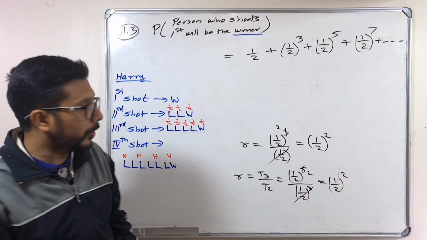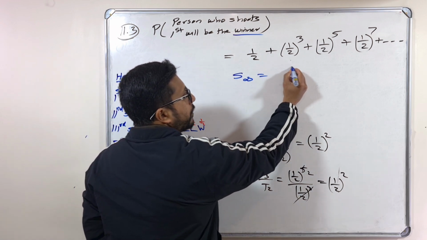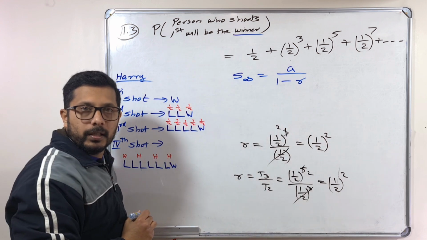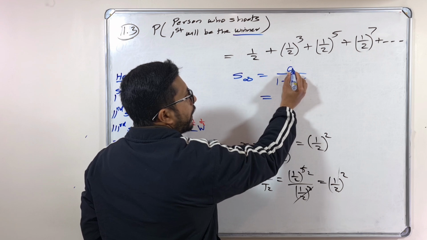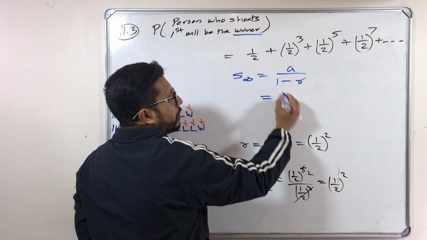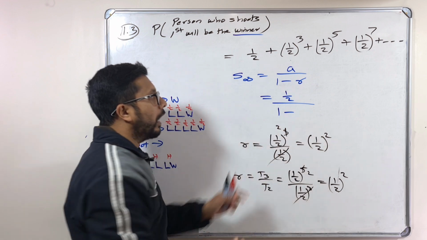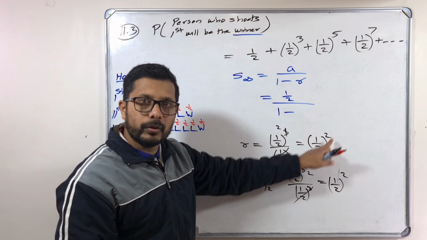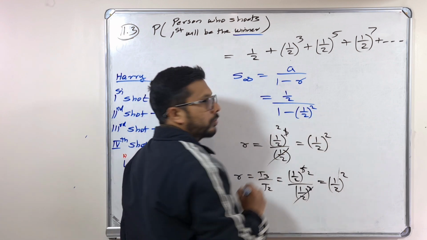Sum to infinity in a geometric series, S infinity is equal to A divided by 1 minus R. So here we can apply that formula. What is A? A stands for the first term, that is 1 over 2, divided by 1 minus R, the common ratio. What is the common ratio we got here? 1 over 2 squared. So 1 minus 1 over 2 squared.